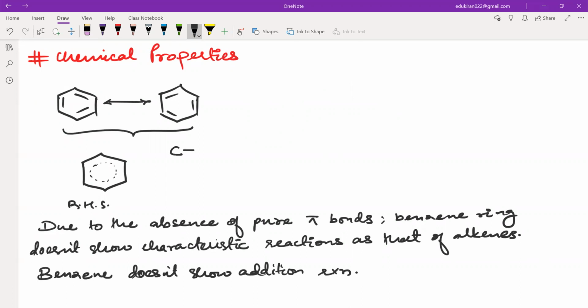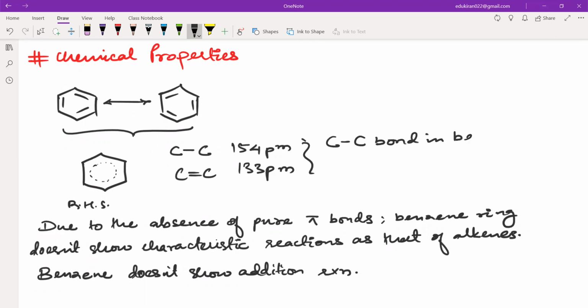Also, the C single bond C is 154 picometers, and the C double bond C is 133 picometers, and the CC bond in benzene was found to be 139 picometers, which is between the single and double bond.